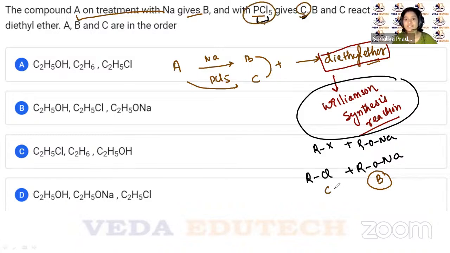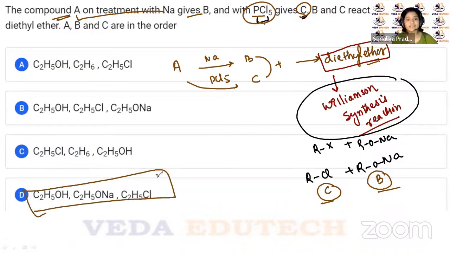So this is going to be C. And compound A is going to be the remaining. So we should see that C is RCl, B is RONa. So B as RONa is not present in any option except in this option, right? So this is going to be your correct answer.